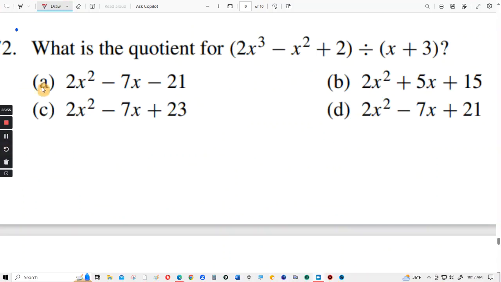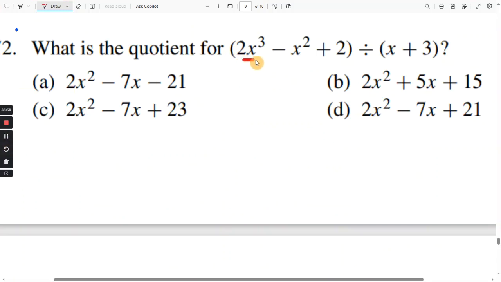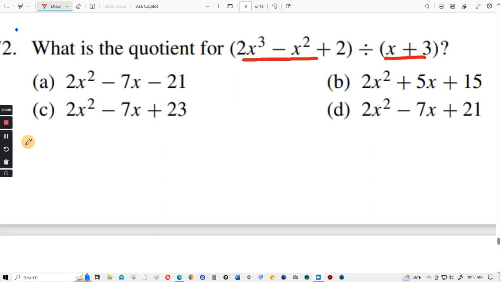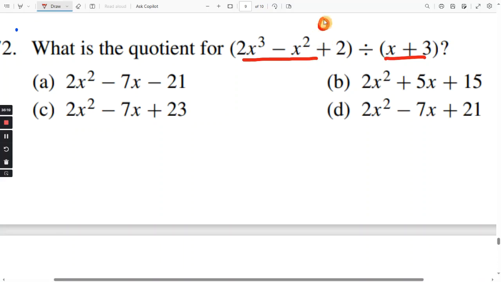All right, last one, 72. Finding the quotient for this divided by that. So it's going to be x plus 3 into this right here. Now remember, you've got to count down on the exponents by 1. This is 3, 2, and there's no x. So you're going to have to insert a 0x.